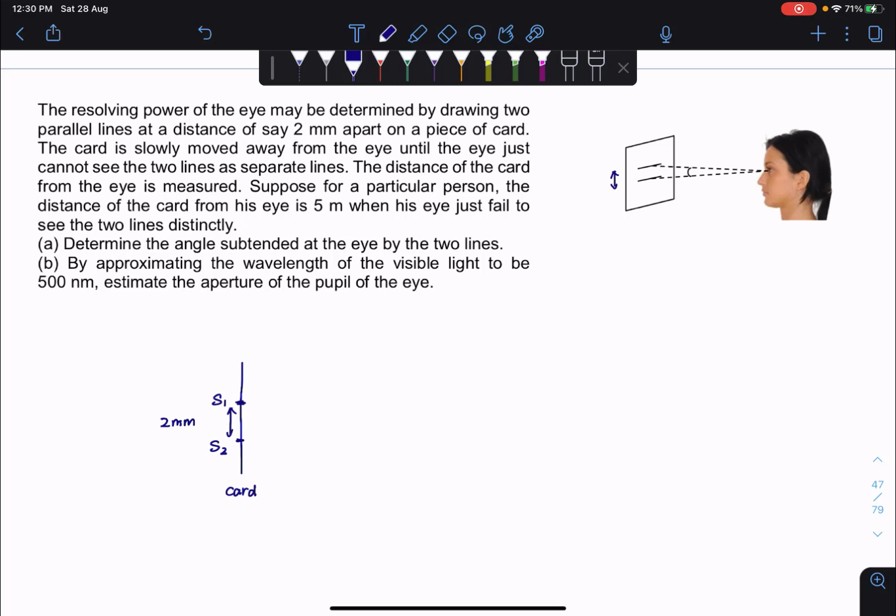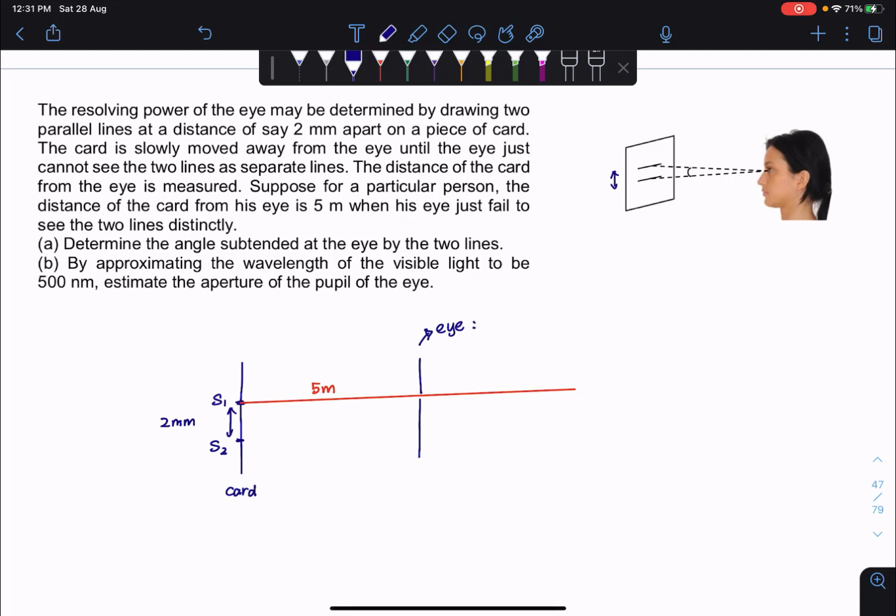Now these two images are going to be formed at the back of my eye, but where's my single slit? Your eye actually acts like a single slit. So what is going to happen is your light is going to fall, and it's 5 meters away from the eye. So maybe I'm going to draw my eye here. The aperture of the eye acts like a single slit.